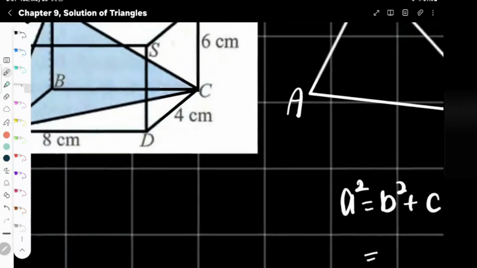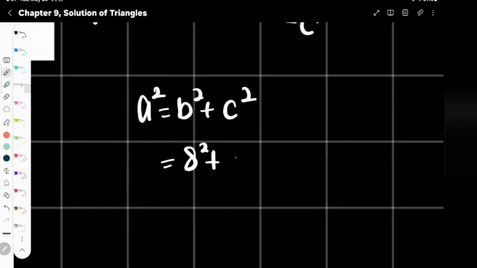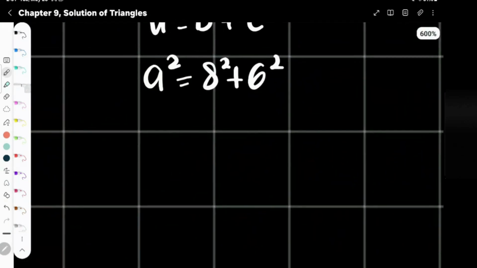So it becomes x square plus 6 square equals a square. So you just solve this: 8 square plus 6 square, and then square root, the answer should be 10. So A will be 10 centimeter.